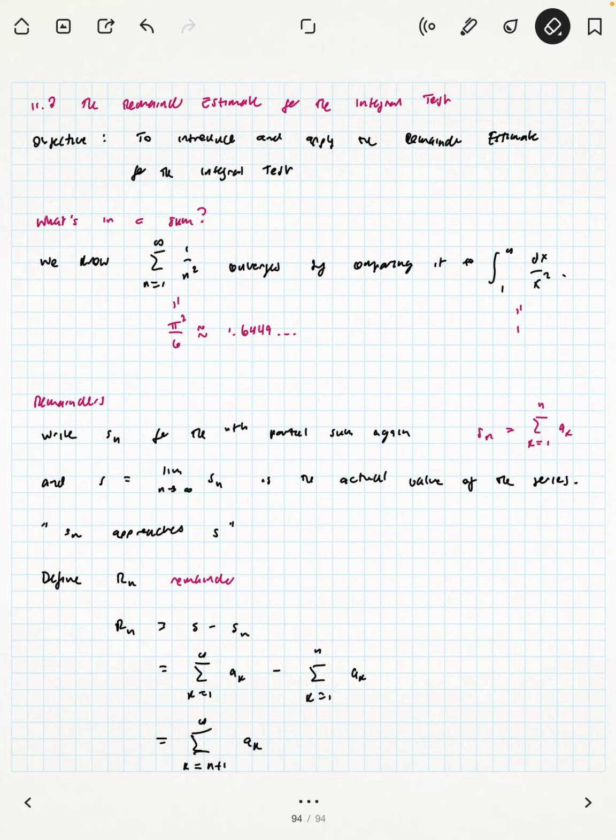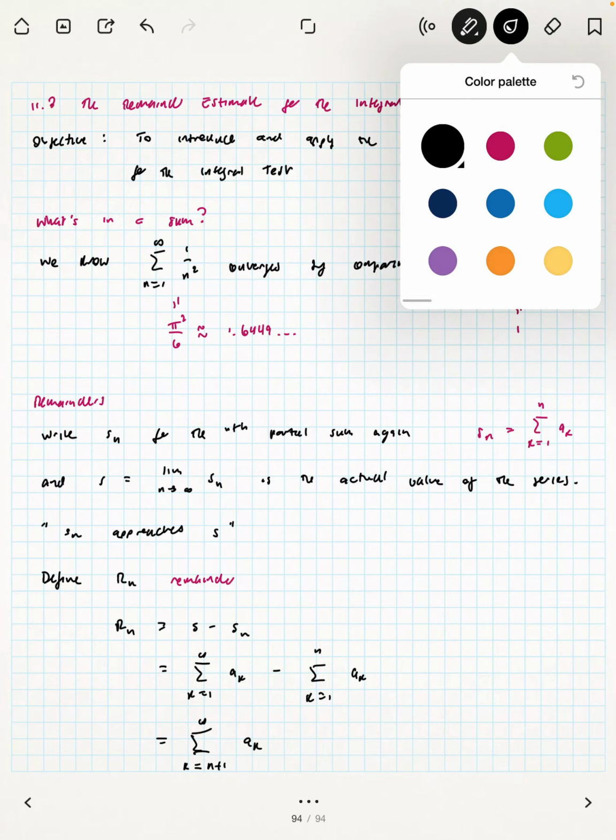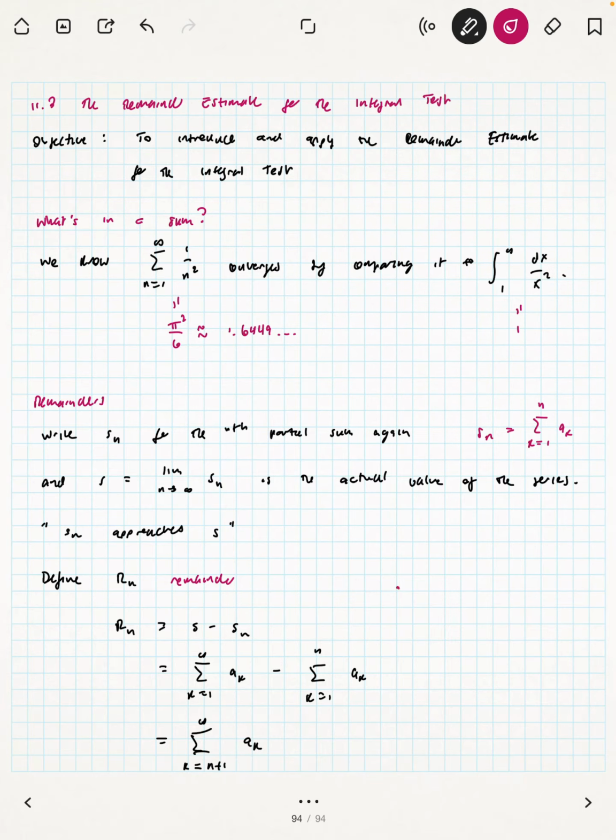But the tail can also be thought of as the error in approximating out to the nth term. So if we truncate a series, for visual representation, think about a_1, a_2, a_3, a_4, a_5, and so on.